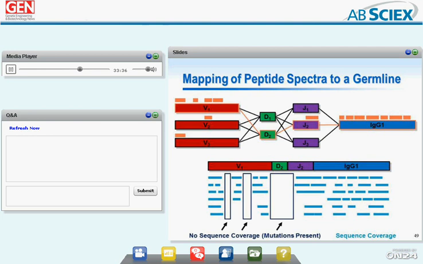The database search program will start to link all of these peptide spectra to specific germlines, and as they start to map together, a lead sequence will emerge with the most peptide hits. In this case, we've identified the variable region 1 in the upper left of the slide. As you start to map all of your peptide sequences to a projected possible entire sequence, you will get a lot of overlap across these different digestions, but you will have a few gaps where no sequence coverage is obtained. And this is where your somatic mutations will be present.